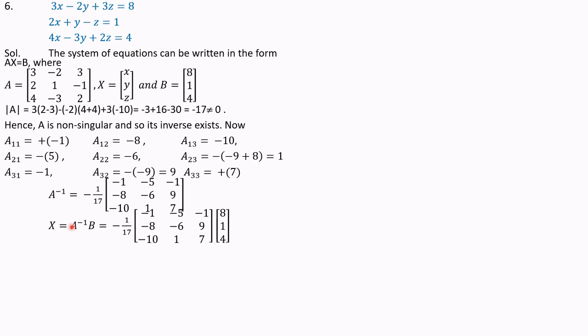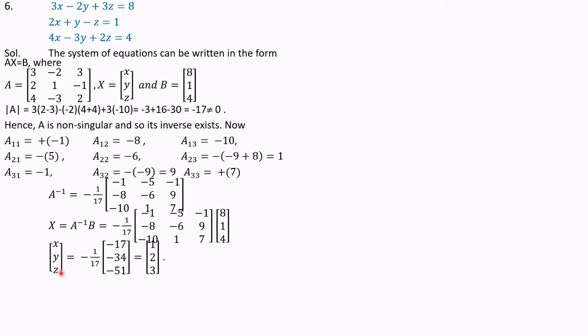Therefore, X is equal to A inverse of B. That is equal to minus of 1 by 17, the same matrix written here, multiplied by B. B is given here: 8, 1, 4. Copied from the above. So now we have to do the multiplication of two matrices, row into column.